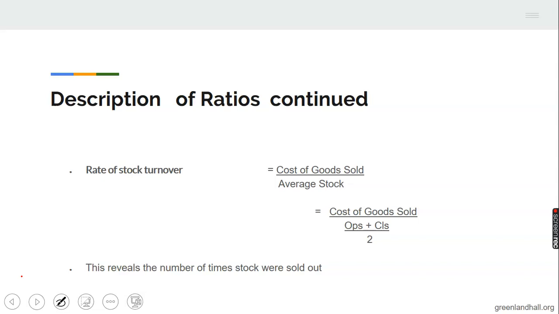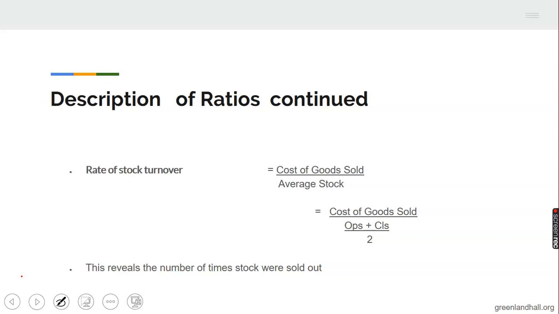While the average stock is the addition of the opening stock to the closing stock and then dividing by 2. So that is what is going to give us the average stock. So finally, to get the rate of stock turnover, it's going to be the ratio between the cost of goods sold and the average stock.